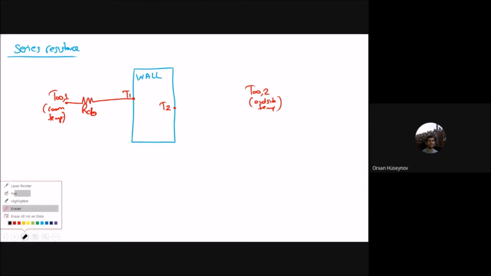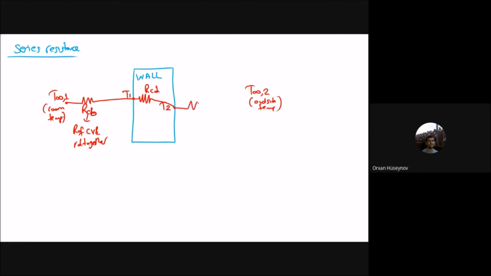So this means R of CV and radiation together. And then for T1 and T2, you will have R_CD due to conduction, and for T infinity 2, you will have again R combined.